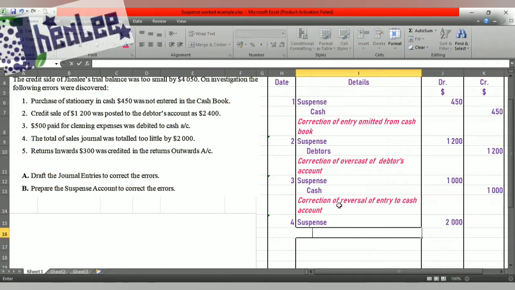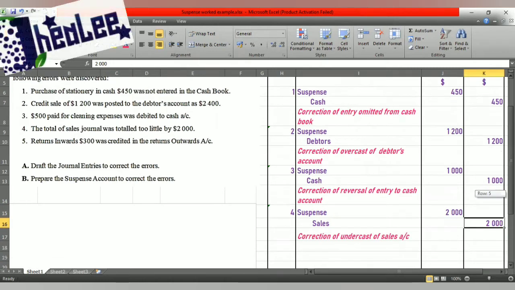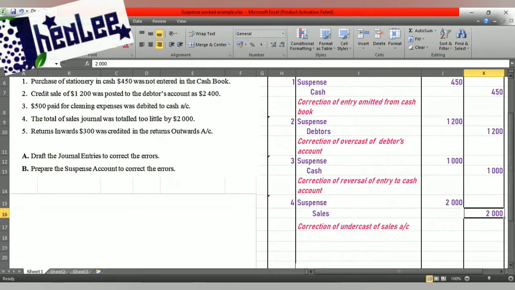So our sales account is credited with the too little of 2,000 because we want to add that 2,000 now to the amount that is there to get the correct value that should have been recorded in our sales account. And what is our narrative? Correction of undercast of sales account, or you could say understated value to our sales account, right?